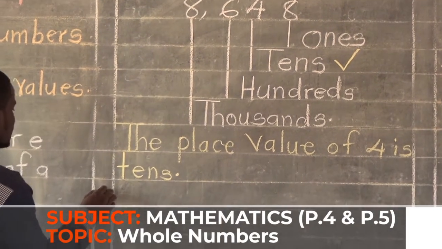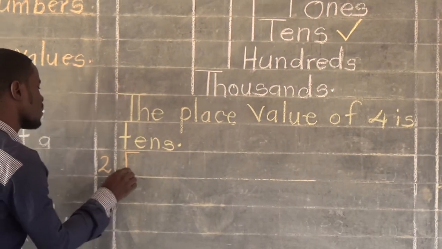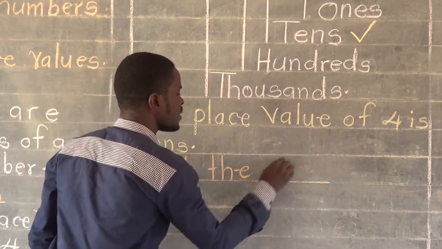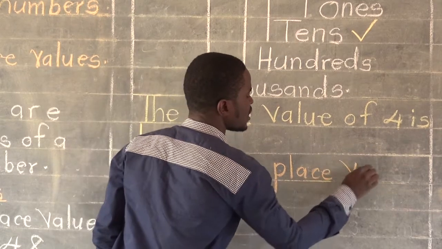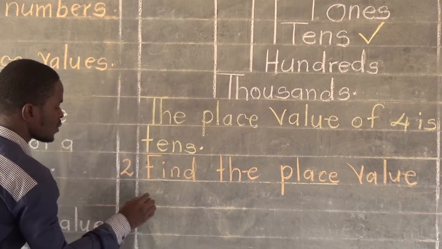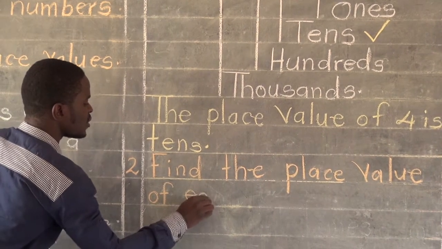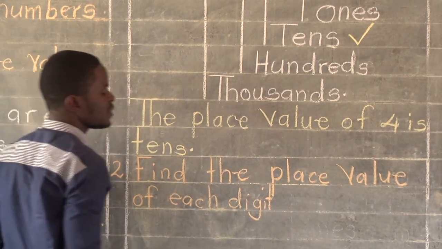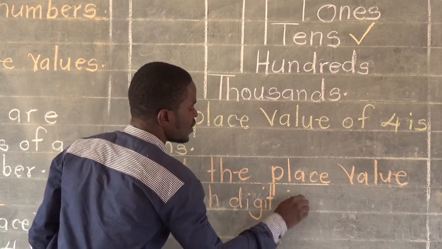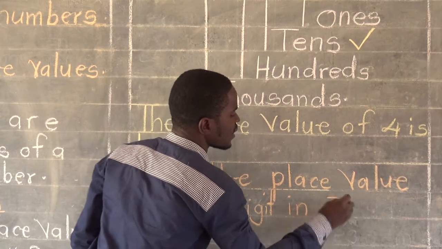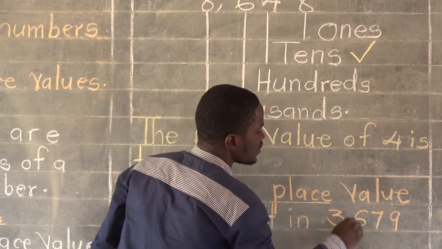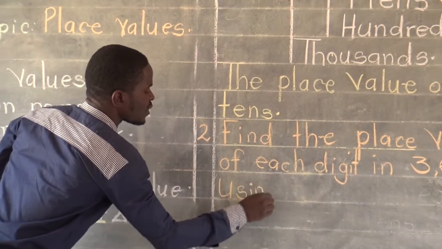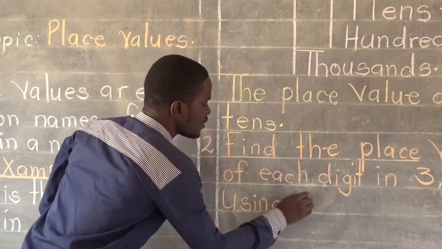Our second example says, find the place value of each digit in 3,679 using figures.